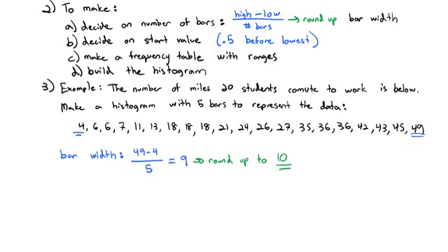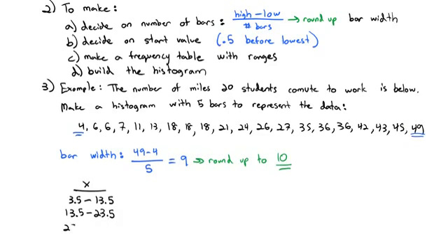Now we can decide on our start values, or our ranges. So for our x values, to start with our graph, we're going to start half a unit before the low value of 4. So half before 4 is 3.5. And we're going to go up 10 to 13.5. The next range is going to start at that 13.5 and go up 10 to 23.5.